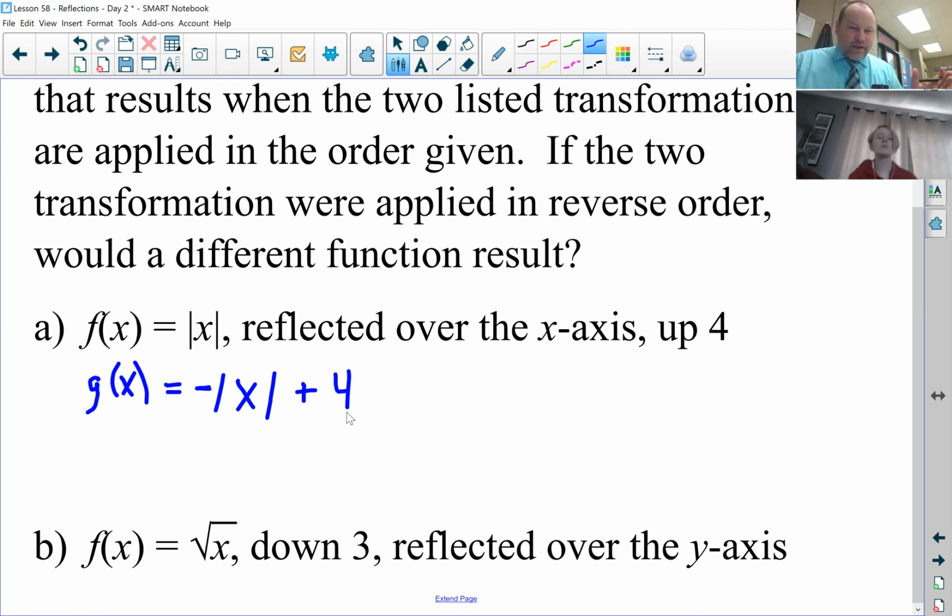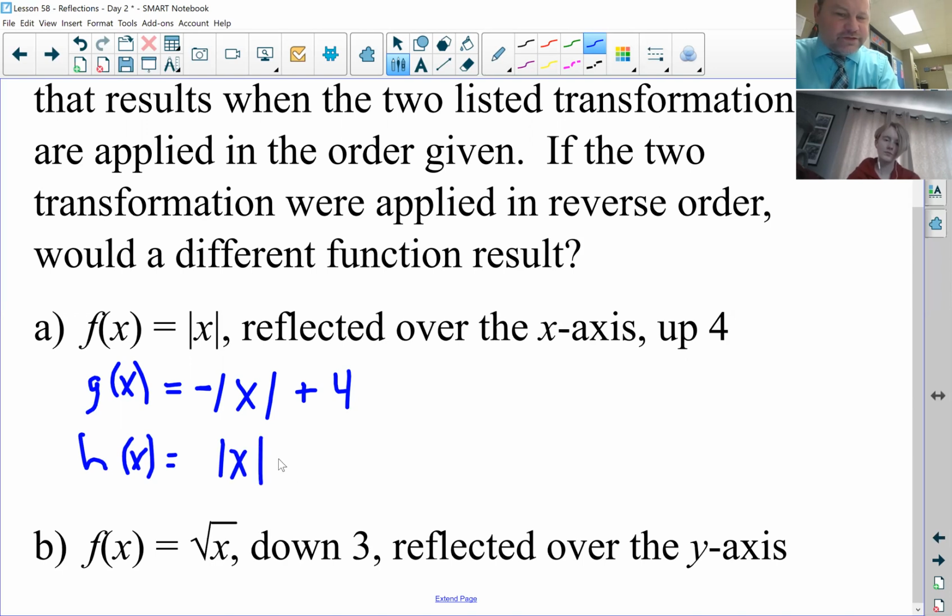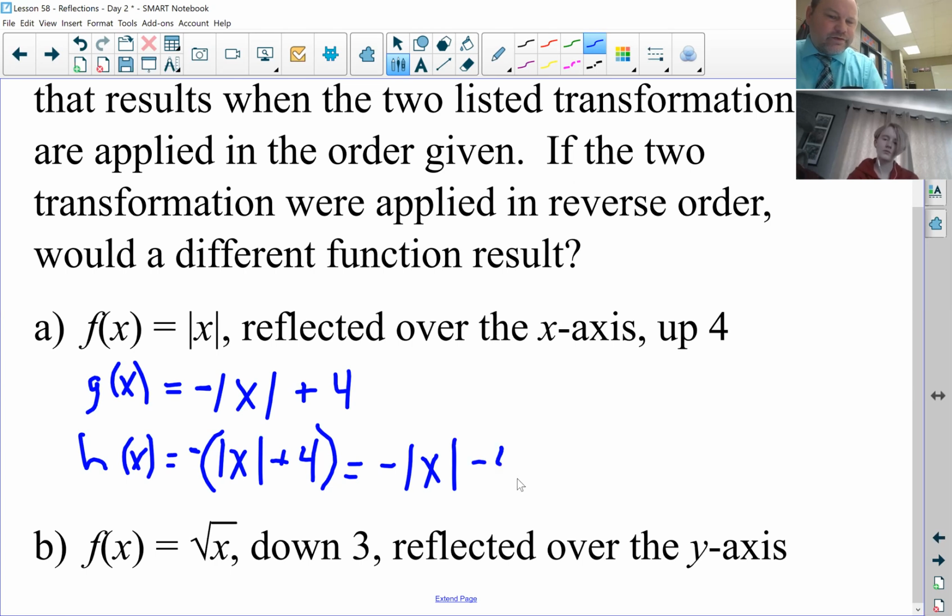If we applied the transformations in the opposite order, or in the reverse order, let me call this one h of x. Here we would take the absolute value of x, shift up 4, and then reflect. And to show that, we would have to take the opposite of that whole thing. Now, if I distribute that negative through, are the two functions the same?